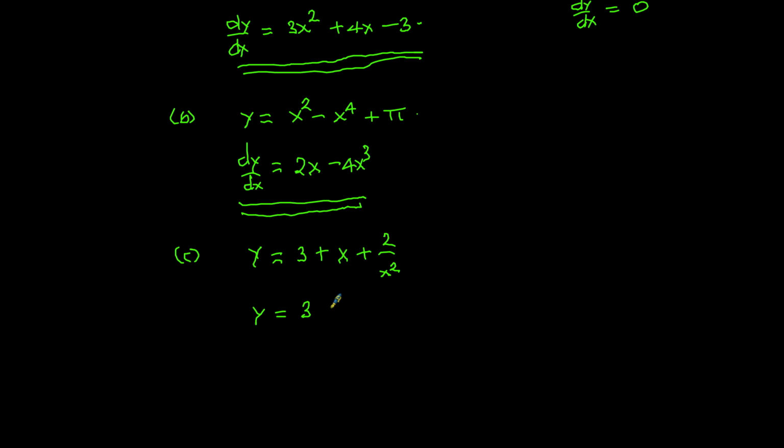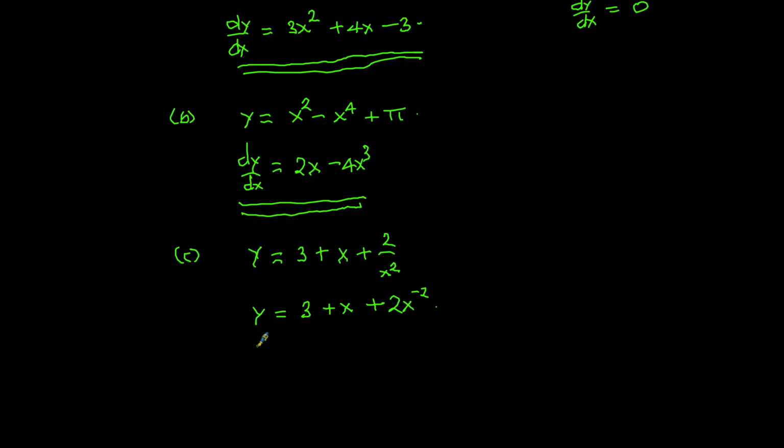So we repeat 3 plus x and then now plus. Whenever a quantity changes from denominator to numerator, the power will change its sign from positive to negative, or if it is negative, it will change to positive. So we shall have here 2x raised to the power negative 2, such that it is simple to differentiate.